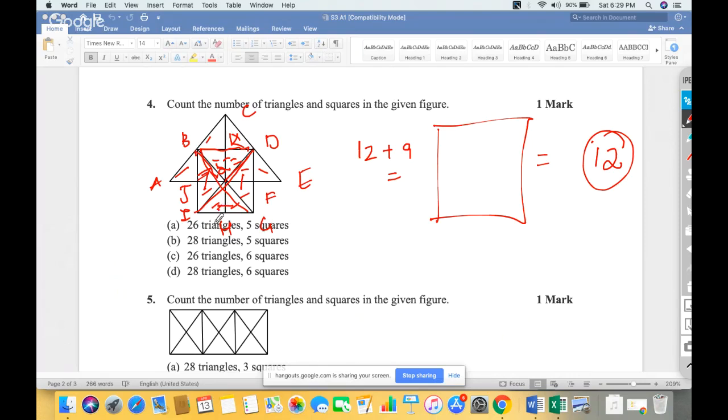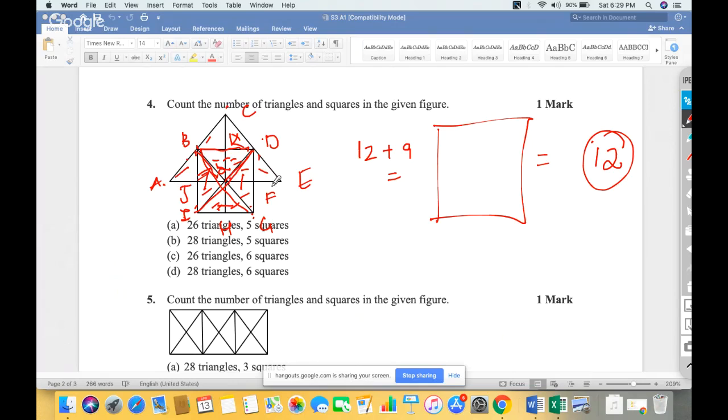Now triangles which are made of 4 components. So 4 components is IBD, one component here. The second one is BDZ, the third is DGI, the fourth is GIB. Then the fifth is ACO.